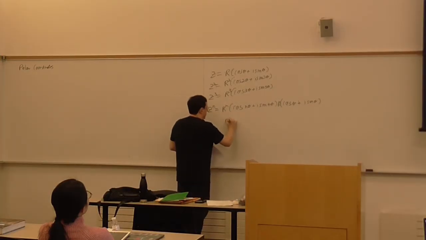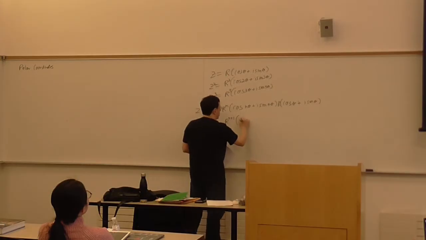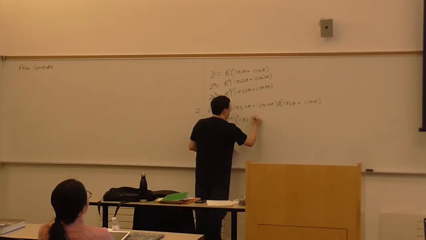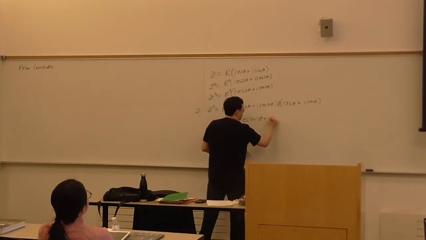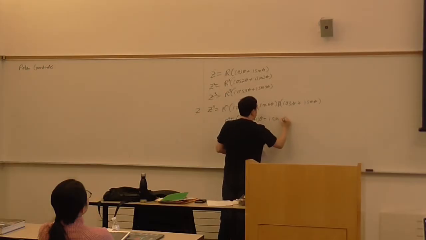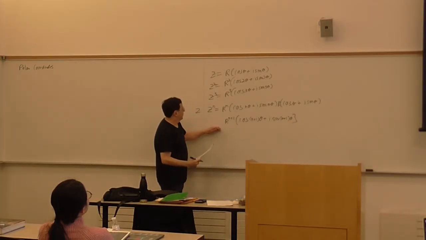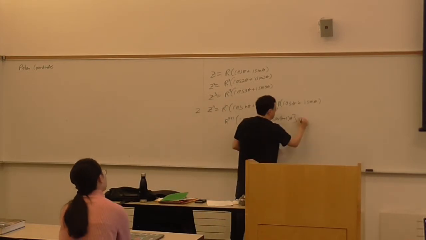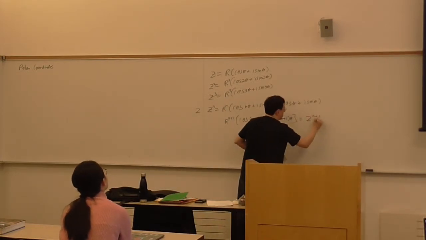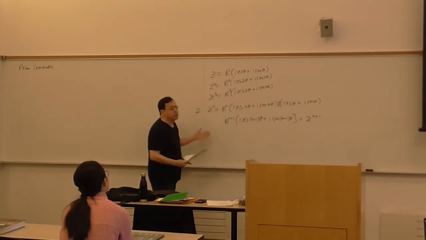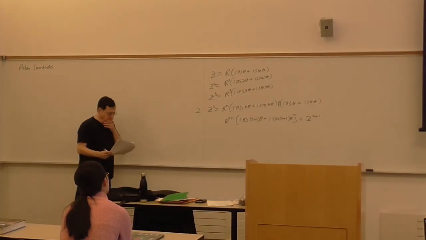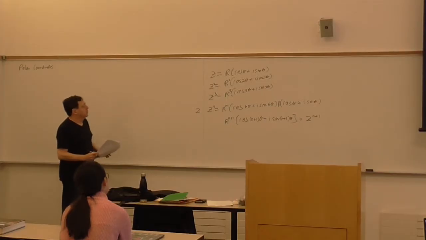Well, that's r to the n plus 1 times cosine n plus 1 theta plus i sine n plus 1 theta. It's kind of a trivial proof here. Aha, but that's just z to the n plus 1. So it's true for all n. Right?